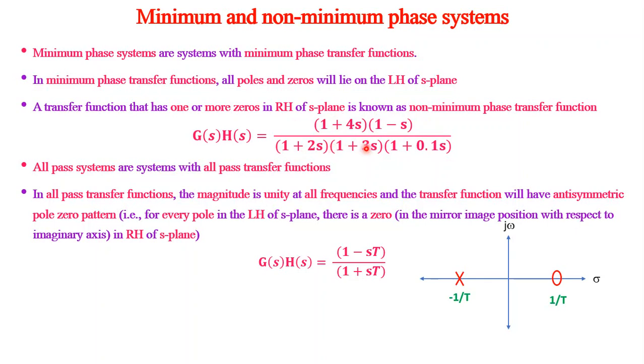As omega tends to infinity, all these phase angles corresponding to this are 90, 90, 90, 270. So finally it is going to be 90 plus minus 90 minus 270, so minus 270 degree. Whereas if we have minimum phase, 90 plus 90 minus 270, so minus 90 only. So instead of minus 90, I am getting minus 270. That is because of this term. That is why phase angle is more negative in non-minimum phase.